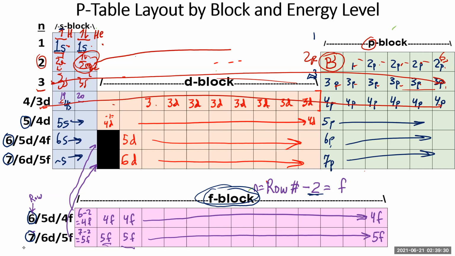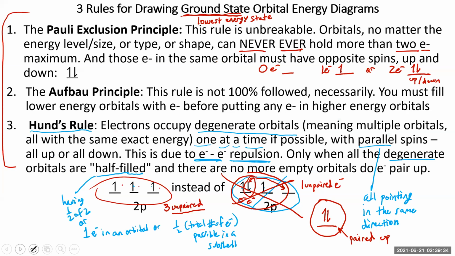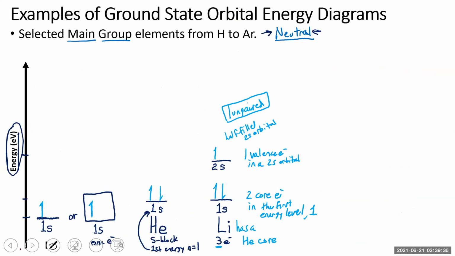Okay, let's go back now. So now we're going to do boron. And since this is a p block element, I'll color code it just to distinguish it from the others. So boron has a total of 5 electrons. We are at atomic number 5. We are now in the p block, but the fact that we're in the p block doesn't change anything about the interior or the previous electrons.